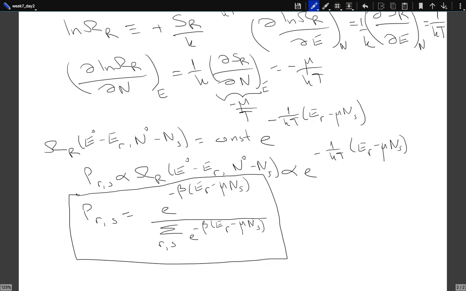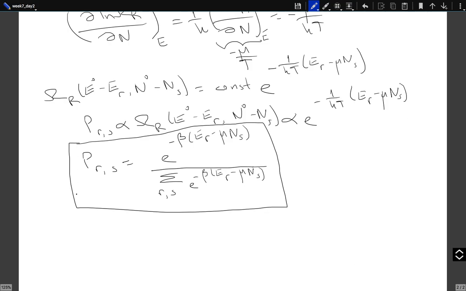Well, what is beta? What is mu? Well, we just fix them through our constraints. So remember what our constraints were. We have the average number, which is just the sum of NS times PRS, and the average energy, which we also use the symbol U for.